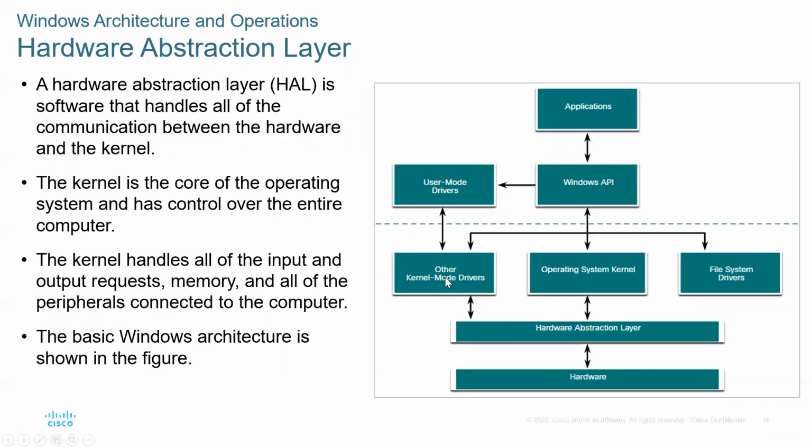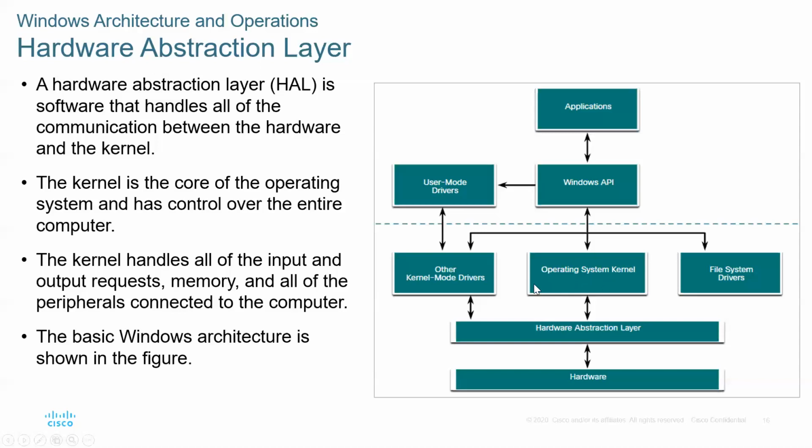The drivers, the kernel and the file system drivers work with an abstraction layer so that you can interact with different hardware. In other words, these don't directly talk to the hardware. They go through this abstraction layer, almost like an API, so that they can talk with different versions of hardware down here, whether that's an Intel CPU or an AMD CPU, etc. It can interact with it in a similar way.